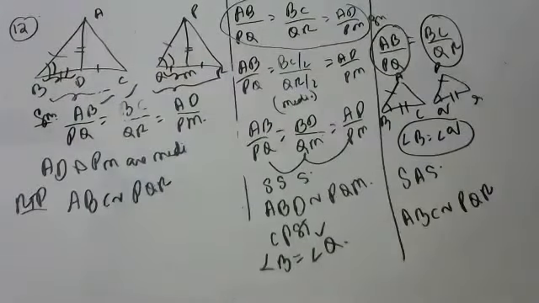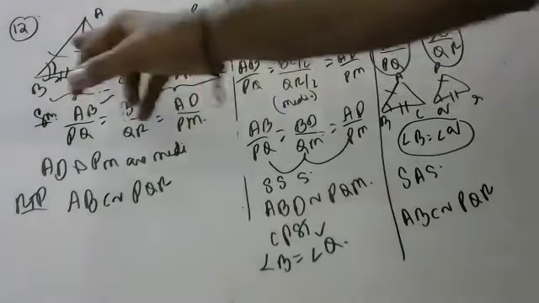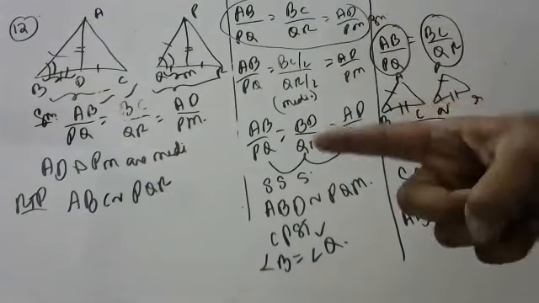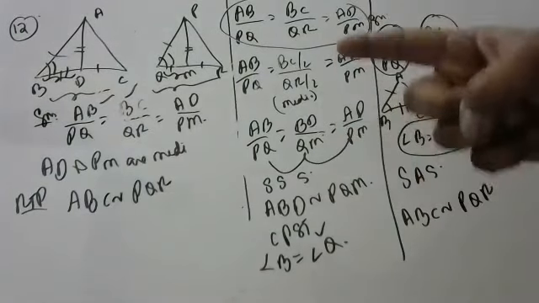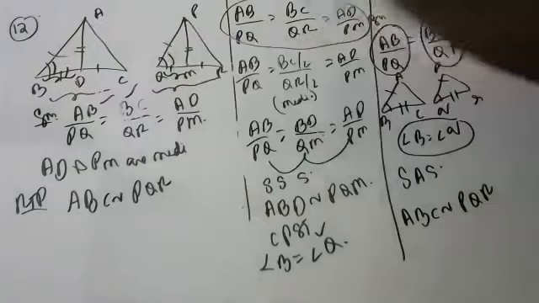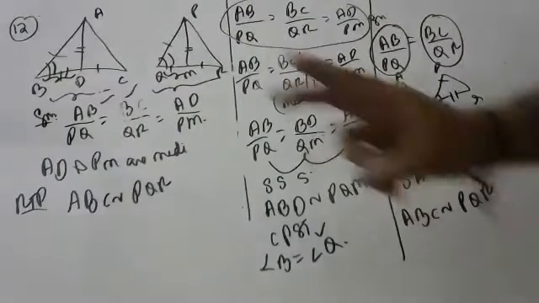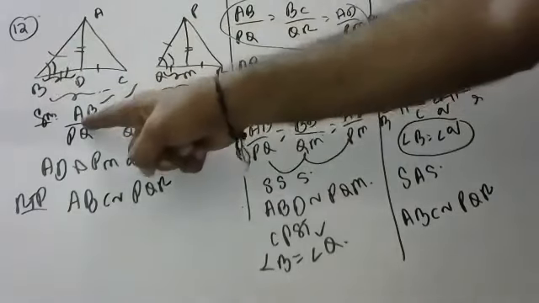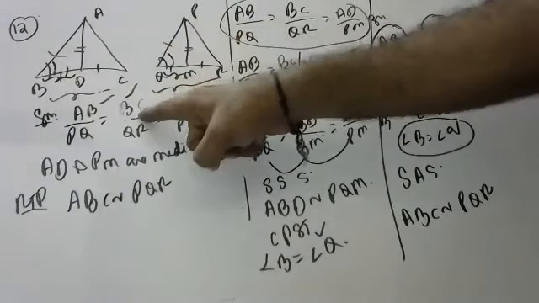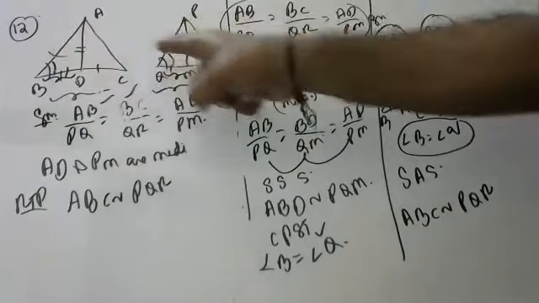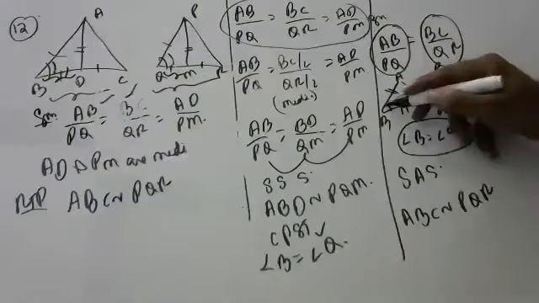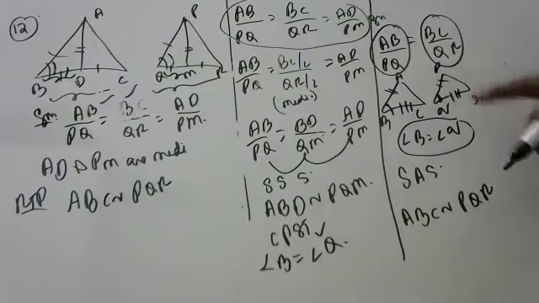Those who did not understand: first I proved the small triangles are similar. From that I wrote B is equal to Q. Then I took whatever they have given and also B and Q, so by SAS both triangles are similar.